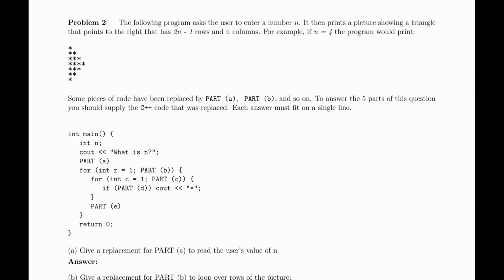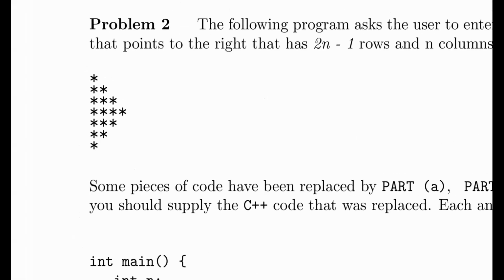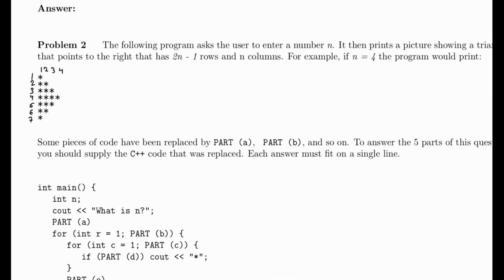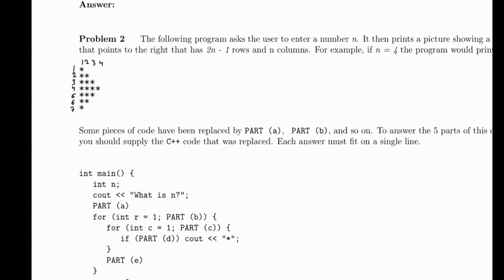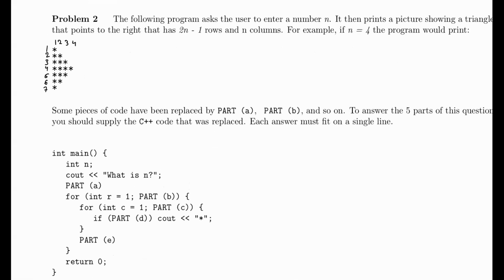Let's write the indices: 1, 2, 3, 4, 5, 6, 7, which is 2n-1, and for n, 1, 2, 3, 4. Every time you see these programs, write the numbers first. Okay, let's look at the code.